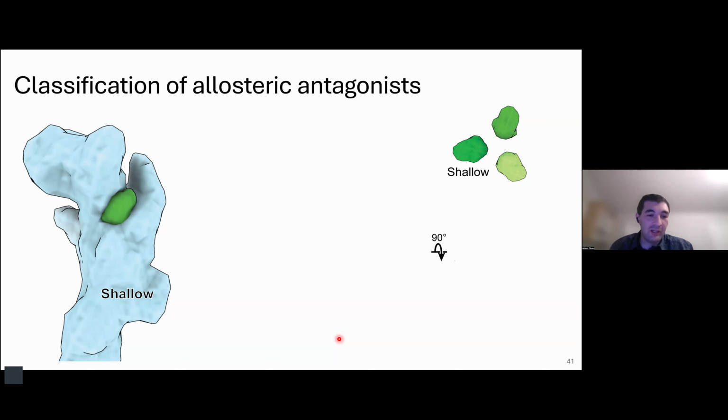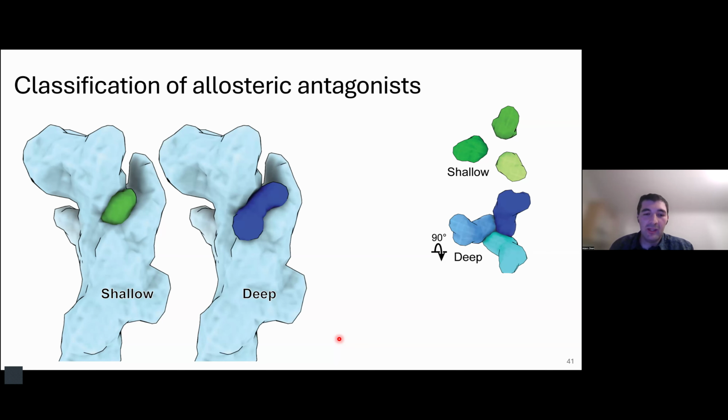Shallow binders are exemplified by the ligand A438079. Next, we have deep binding ligands, exemplified by the molecule J and J. These molecules bind deeper into the allosteric pocket and bind very potently and do not leave the receptor when bound.